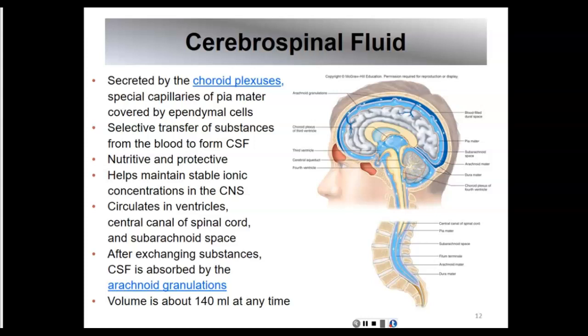It is a selective amount of substances from your blood that forms cerebrospinal fluid. The job of cerebrospinal fluid is protection and nutrition. Protection, it gives somewhat of a cushion for the brain, and nutrition to give nutrients to the brain tissue.